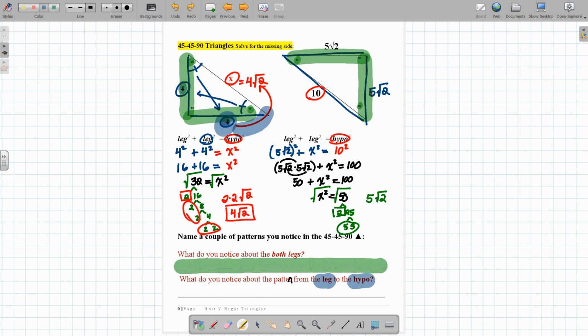So going from 4 to 4 root 2, 5 root 2 to 10.